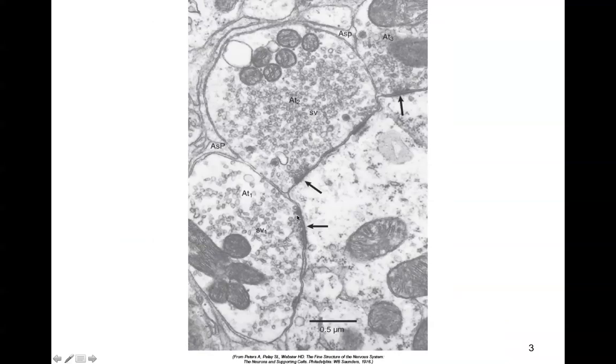And so here we have a very pretty electron micrograph image of two cells where what the arrows are pointing to are called active zones. They are zones where you have the release of neurotransmitter into the synaptic cleft that sits between these cells.